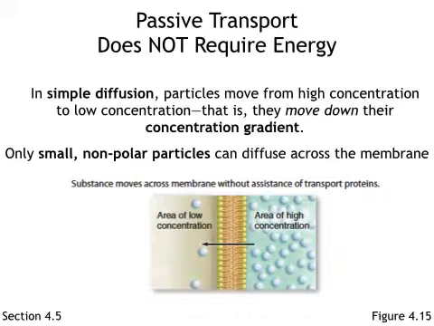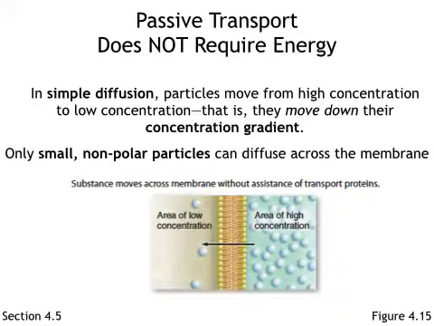And this only happens with small nonpolar particles, right? Because we saw that the core of the lipid bilayer is hydrophobic. So it hates interacting with things that have a charge, because that hydrophobic core is made of these nonpolar tails.